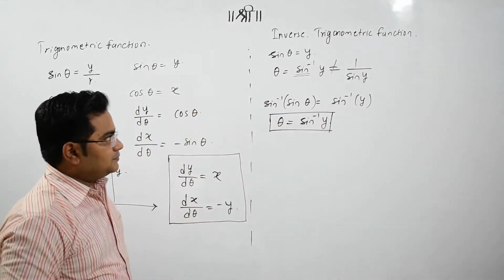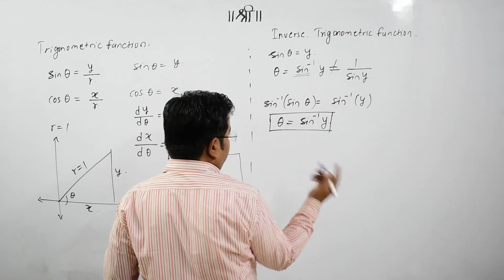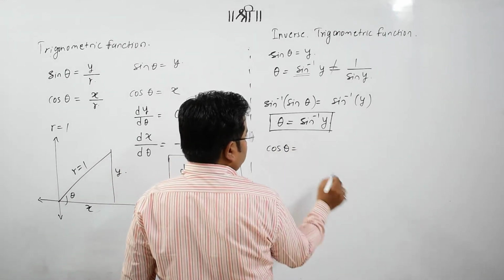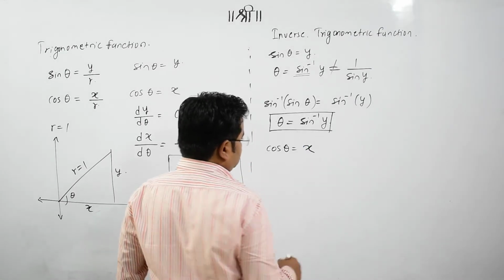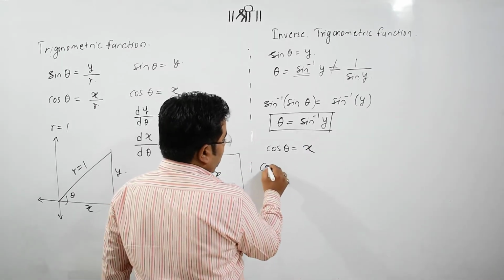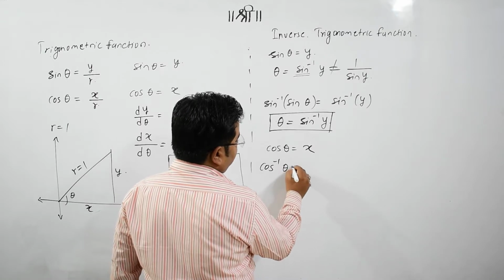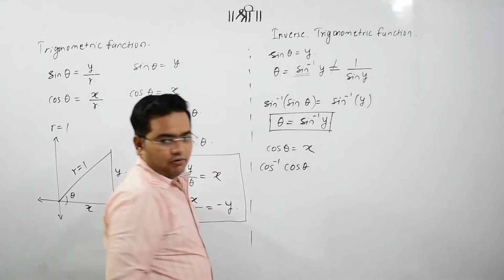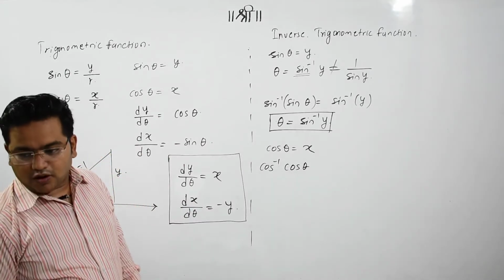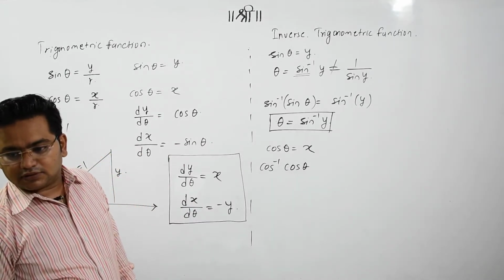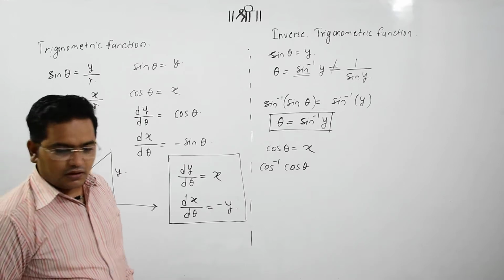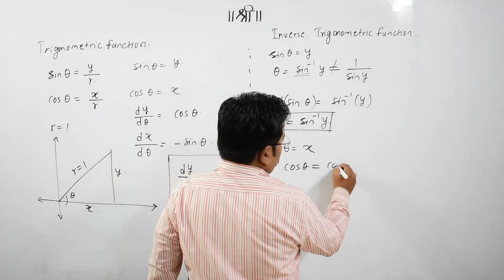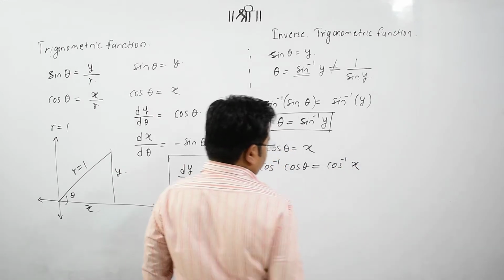Now the next step. Again, another parameter. If cos theta is equal to x, then cos inverse of cos theta will be equal to cos inverse of x.